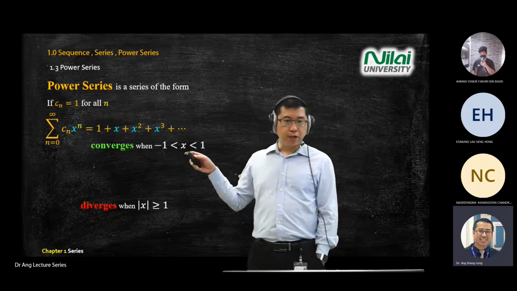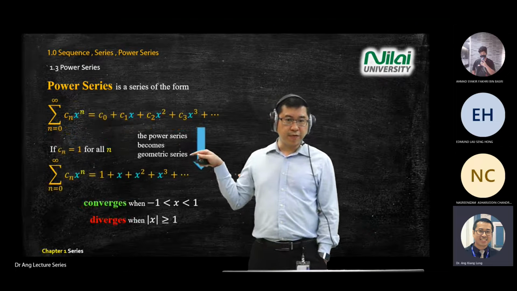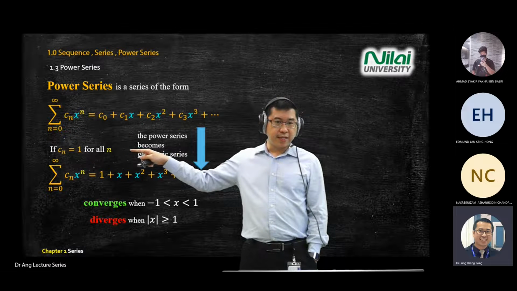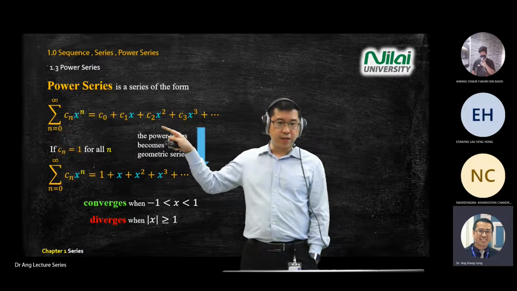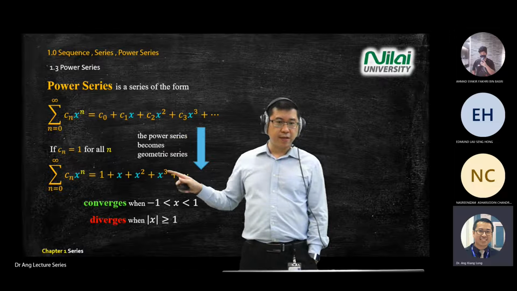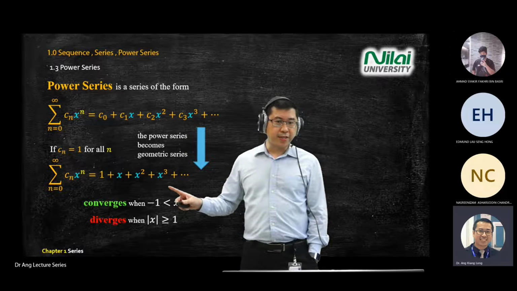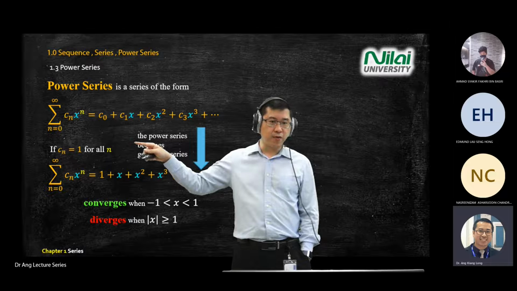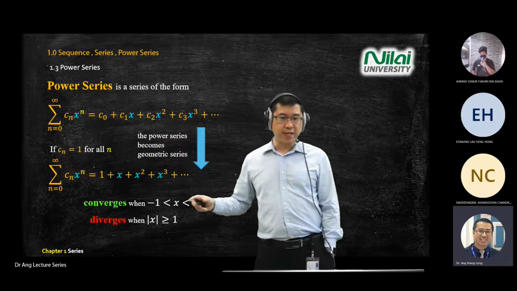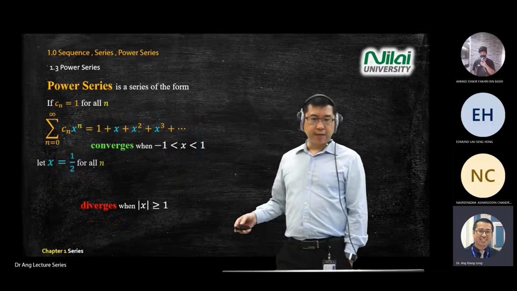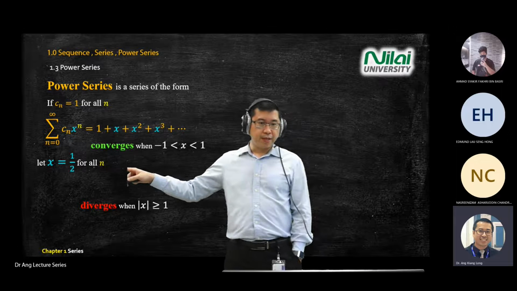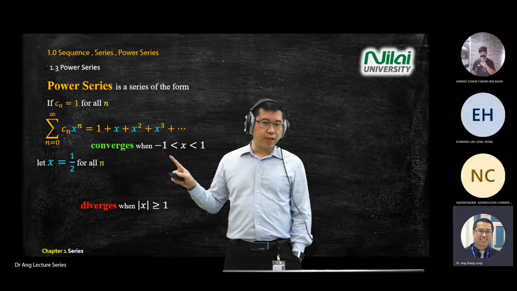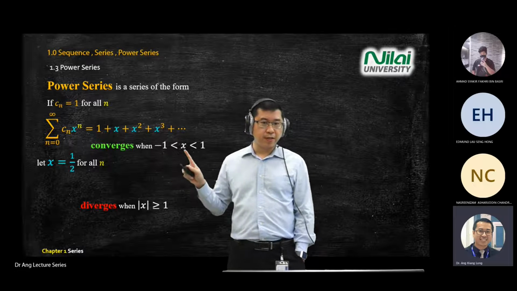Okay, now we continue to play. Just now we set Cn equal 1 in this general equation, and we get this pattern. Now what happened? We play with x. We continue using Cn equal 1, and now we change x. Now what happened if we continue following the convergence criteria?